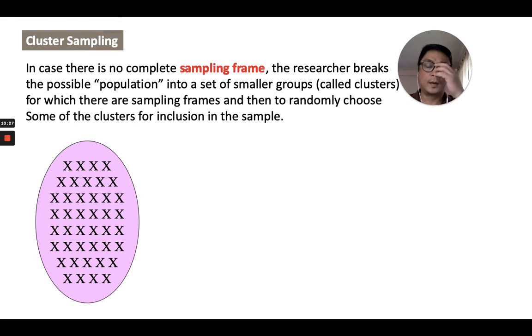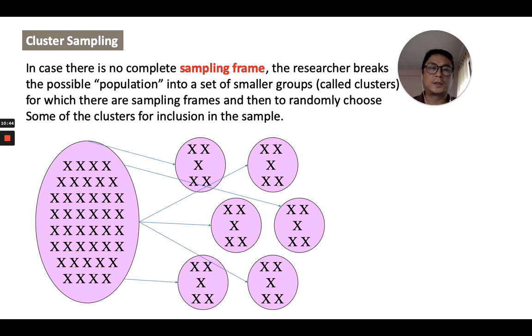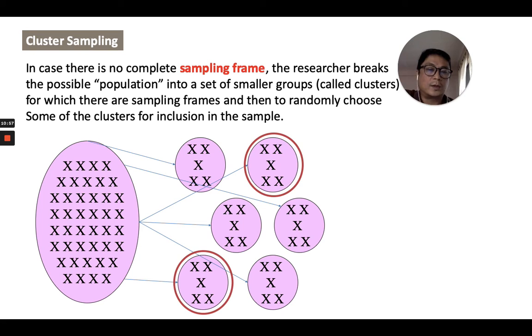Okay? Now, in case there is no complete sampling frame, especially when the population is very large or information for certain areas is simply not available, the researcher breaks the possible population into a set of smaller groups called clusters, okay, for which there are sampling frames, and then randomly chooses clusters that you will include in your sample.